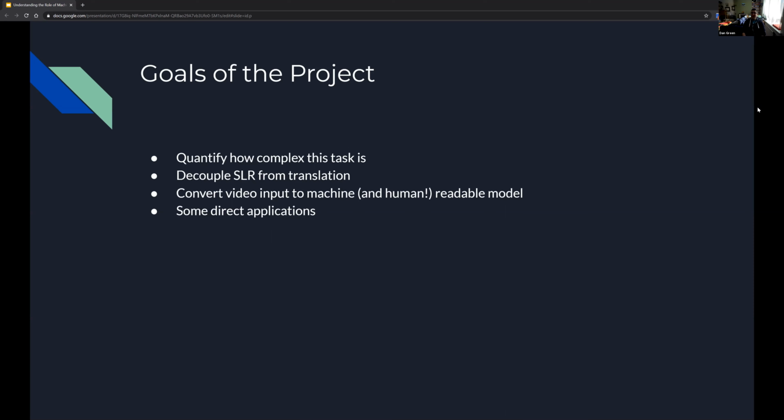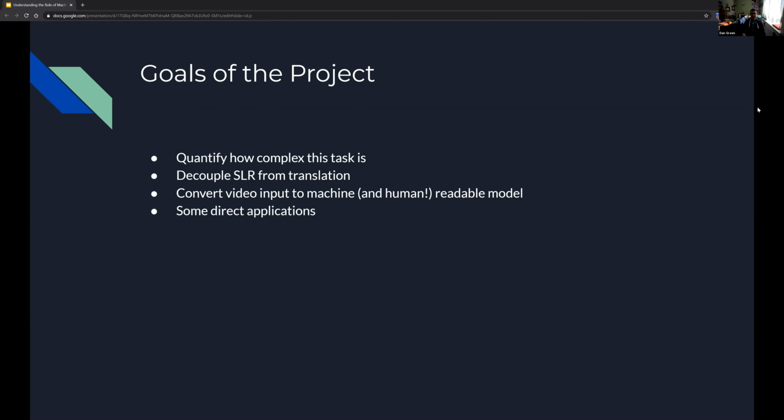But ultimately, the goal of the project is to convert video input into something that is both machine readable, but also human readable, and having that model that could then be output to researchers, to academics who are researching sign language, or to the direct rendering that I've mentioned.